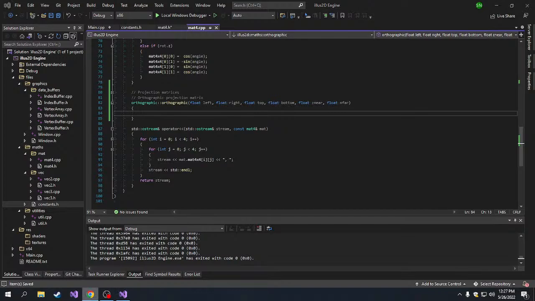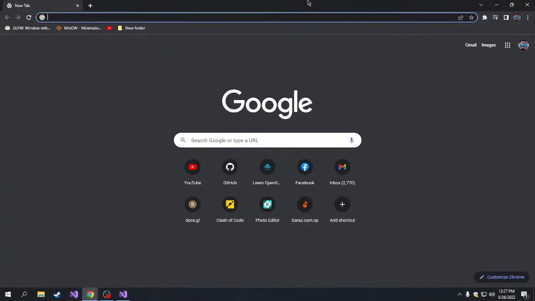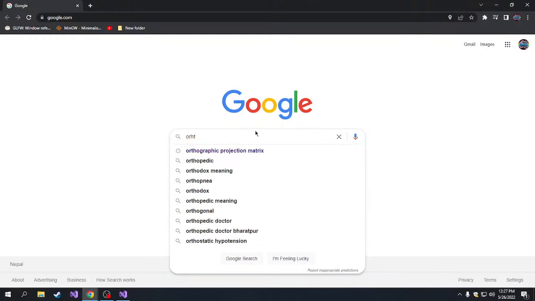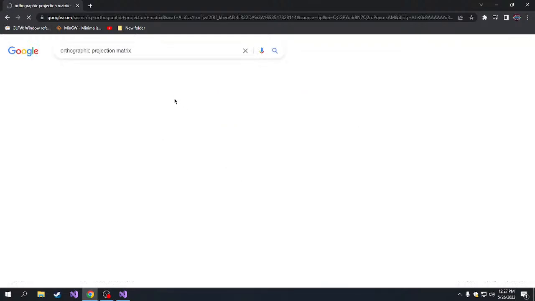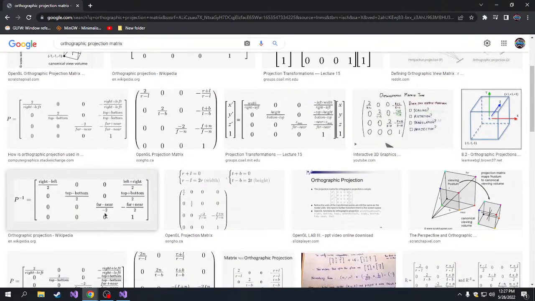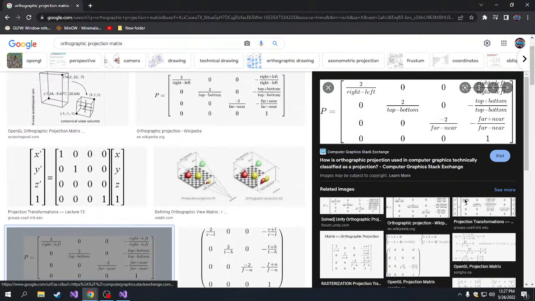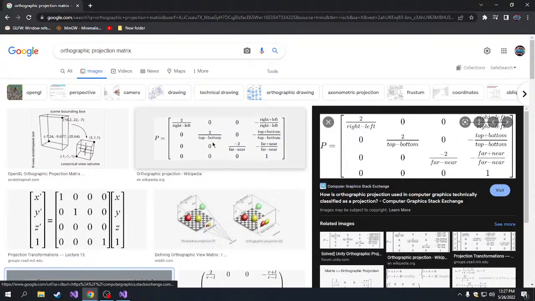So again, we'll just go to Google and literally search for orthographic projection matrix. I'm going to go to images and let me see, this one, I guess. Yeah, this is correct.